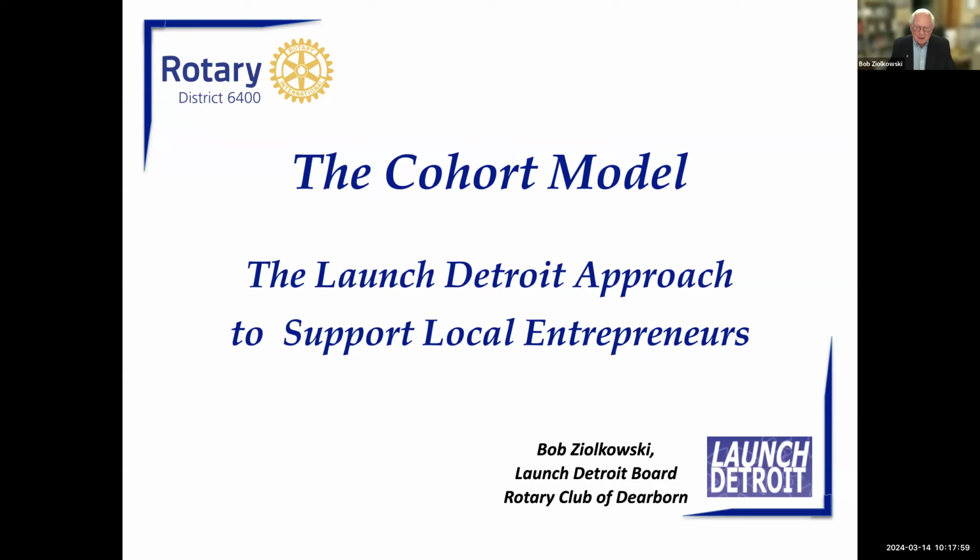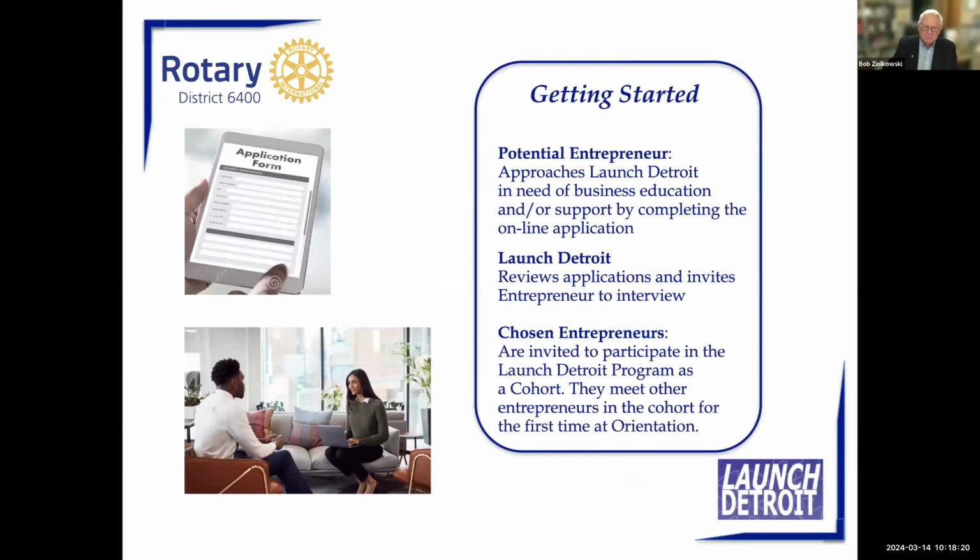And they each had an individual mentor that they worked with. Probably the biggest difference between that model and the model we use now is that now the group functions as a group together, as a cohort, if you will. And the mentors work with all the people in the group as opposed to being one-on-one.